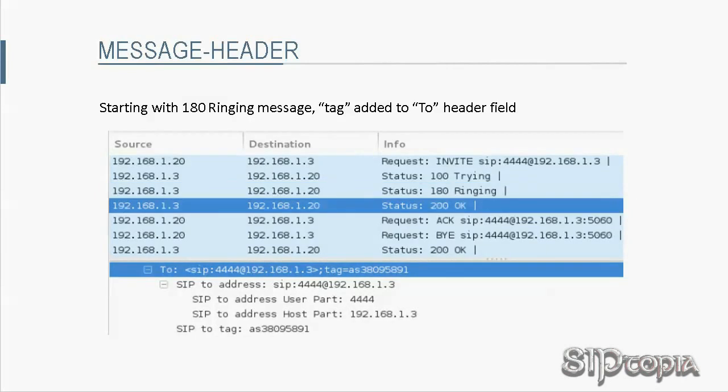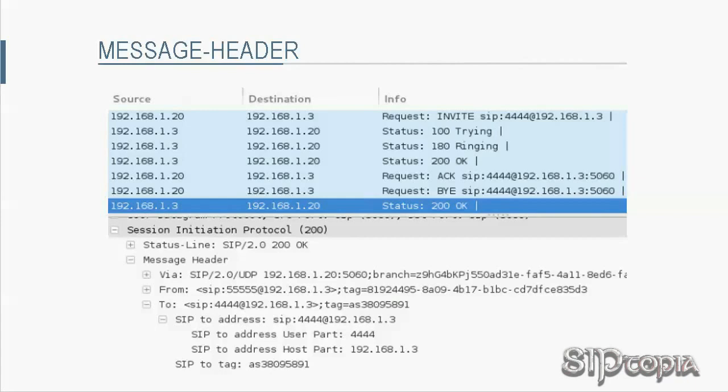And the remaining two header fields will contain the tag, as seen in the screenshots here, all the way down to the last 200 OK that signifies that the BYE message was successful and the call has been terminated. Here are another two header fields with the tag in this case.